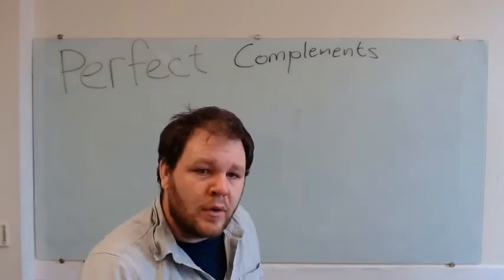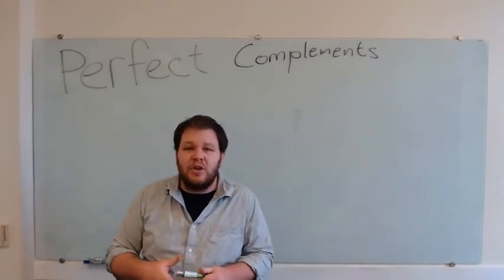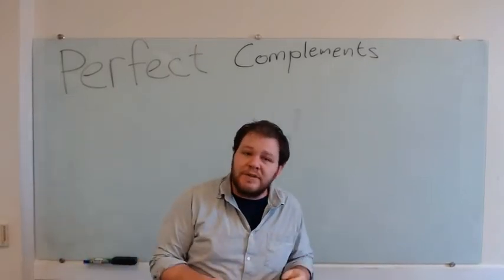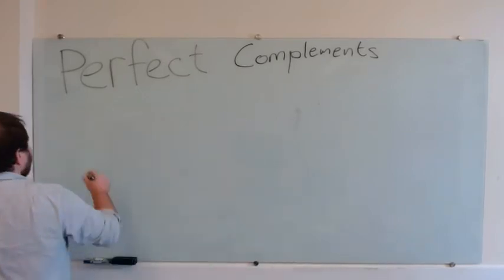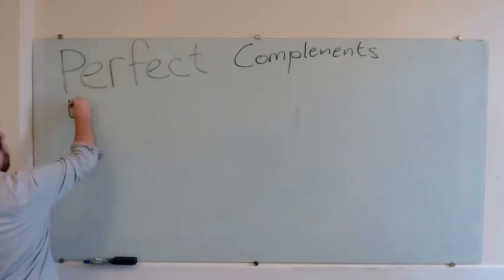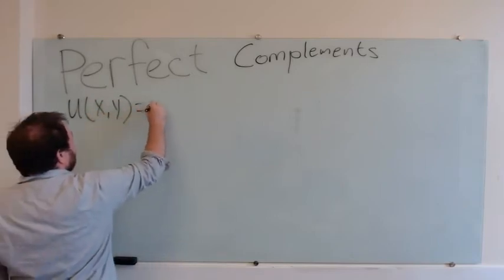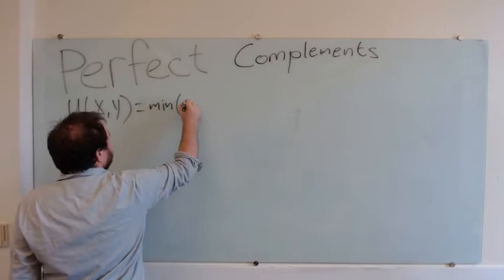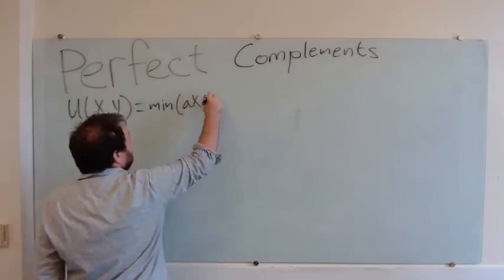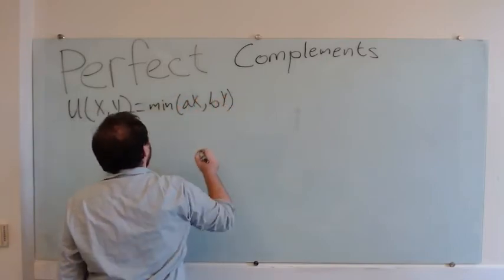Okay. So what's that ratio going to be in a generic or general sense? Well, we could write a generic perfect complements utility function as u of x and y equals the minimum of some a times x and some b times y.